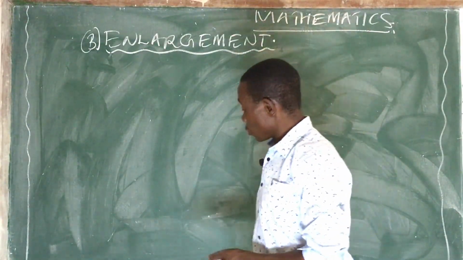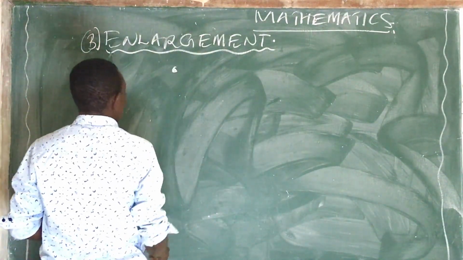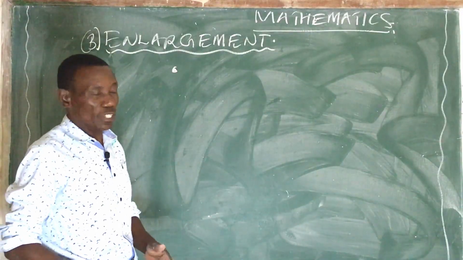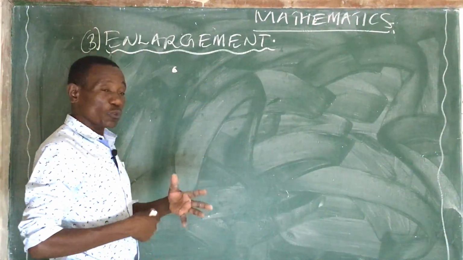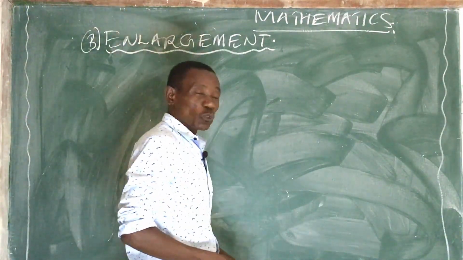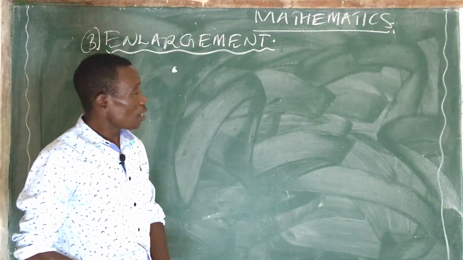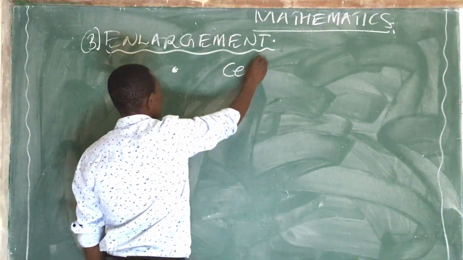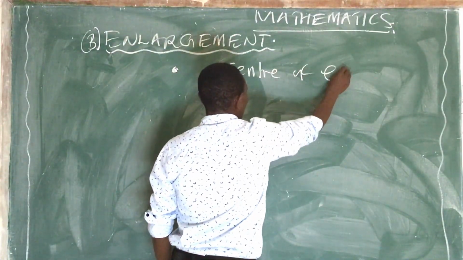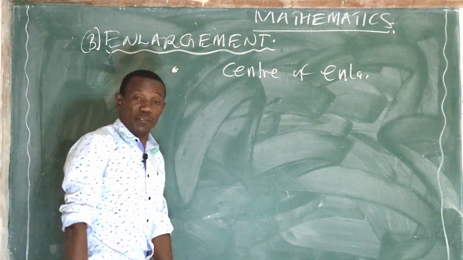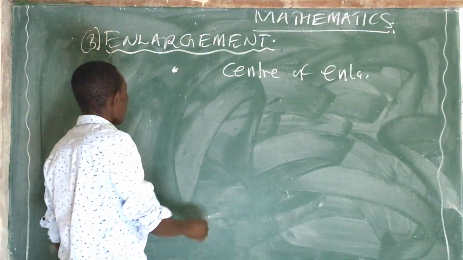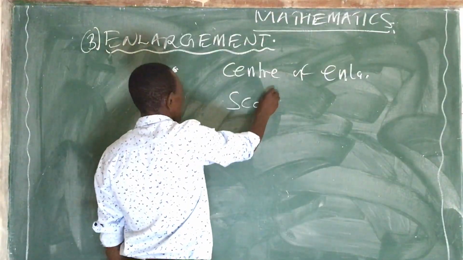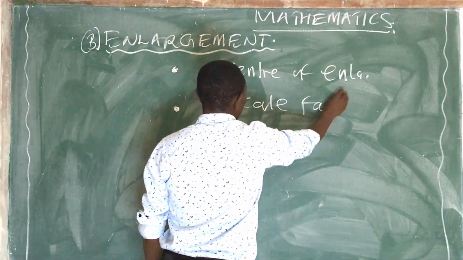Just to take you back a little bit, let us look into the things that are required, or points to consider, each time you would like to enlarge a particular figure. Enlargement demands you to get to know what is known as the center of enlargement. Secondly, you also need to know what we call the scale factor.